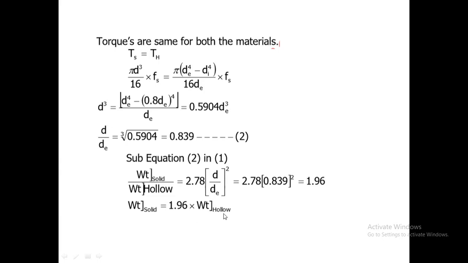This you have to observe here. Obviously the weight of the solid shaft will be more than the hollow shaft for the same torque transmitted. You can see that it is very high. The weight is almost double that of the hollow shaft for the same properties, for the same functioning of the shaft.